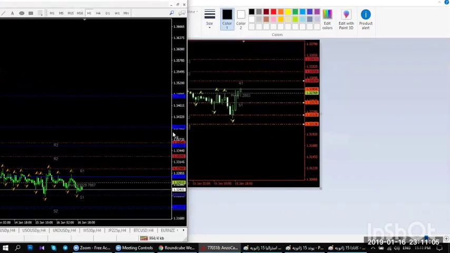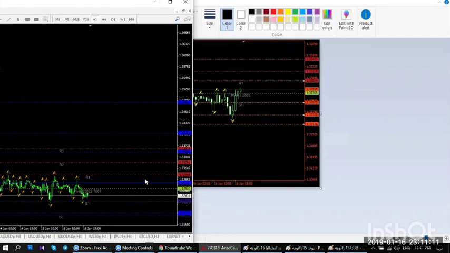The Canada chart is also neutral, but the lines have been updated from 1.33649 to 1.33641, and the other one from 1.33219 to 1.33278, and also here we have 1.32296 updated to 1.33024.